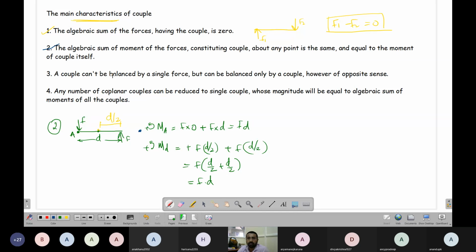Now, the third characteristic: a couple can't be balanced by a single force, but can be balanced only by a couple in the opposite direction. What does balance mean here? So this is a couple.